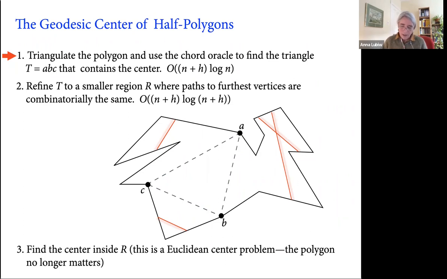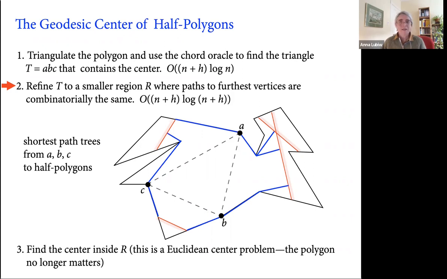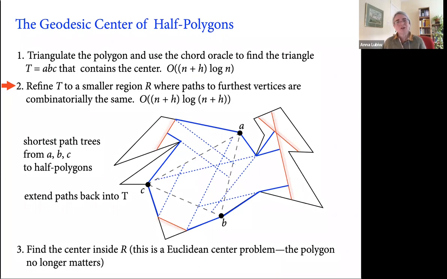Now I want to refine that to a smaller region. That's my next step. To do that, it's sort of like the picture I was showing you before on the chord. I'm going to find shortest paths again and extend those backwards into the triangle now, instead of just onto the chord. And this divides the triangle into regions.